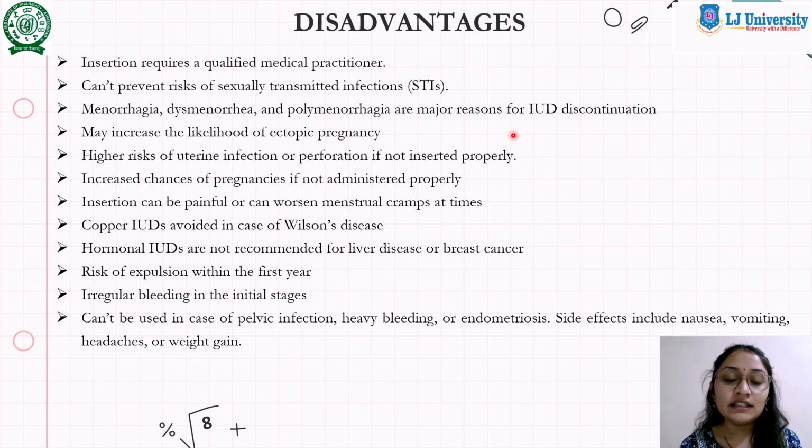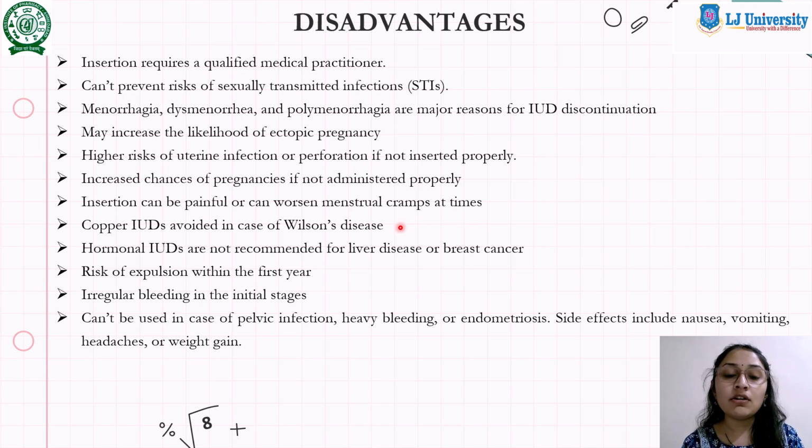Another disadvantage mentioned is a higher risk of uterine infection or endometriosis, along with other disadvantages such as menstrual cramps, which we have already seen, painful menstruation periods. Then copper IUD is avoided in the case of Wilson's disease.